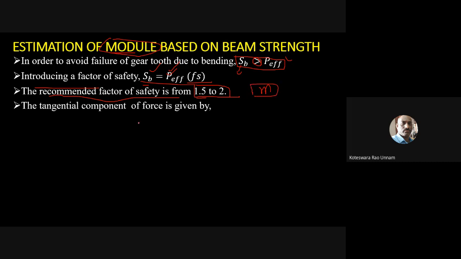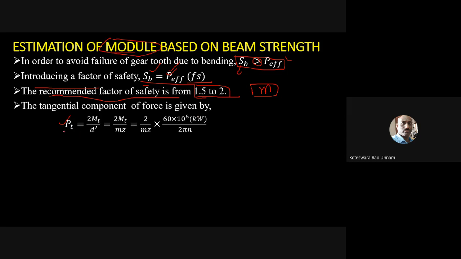For that, first we'll take the expression for PT, because our P effective consists of PT, and this PT comes from the torque transmitted, and this torque comes from the power transmitted. We'll substitute all these things so that you can get the equation for the module.